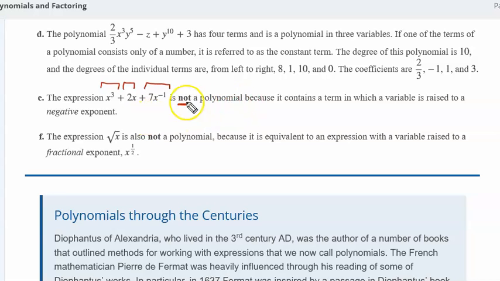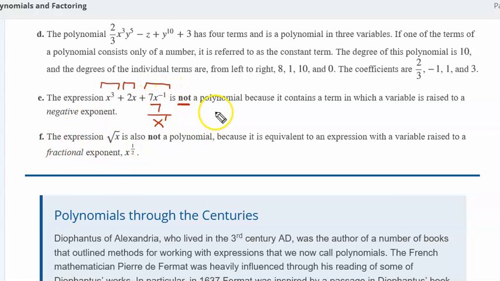Now, another variation of this is if we wrote this last term as 7 over x, bringing that down to make that a positive 1. So exponents that in their simplified form have the variable in the denominator, that is not a polynomial because it goes under this rule that if we brought it up it would be a negative exponent.